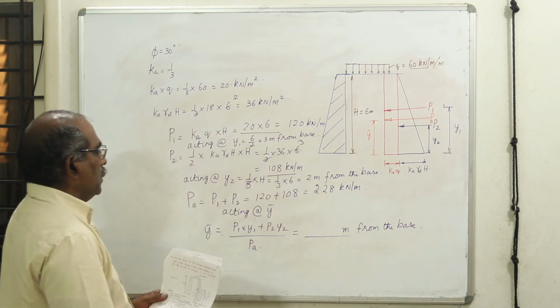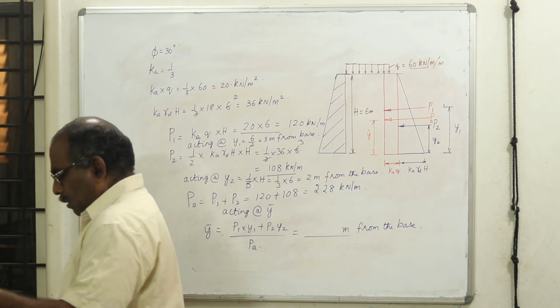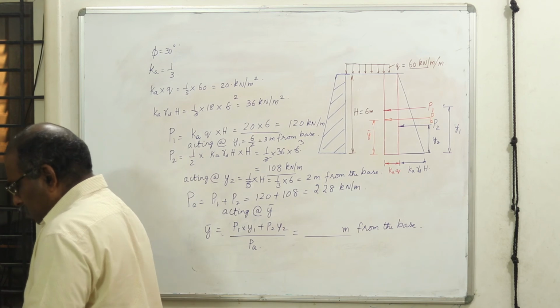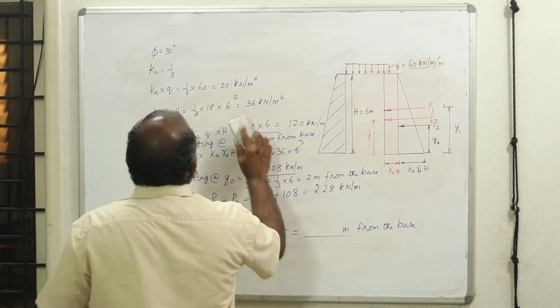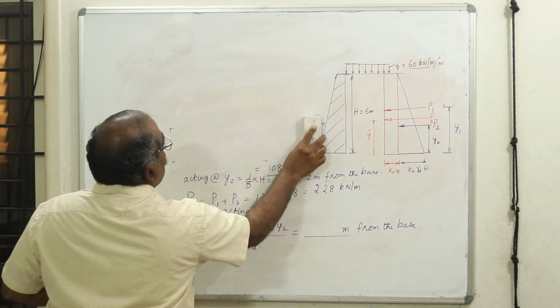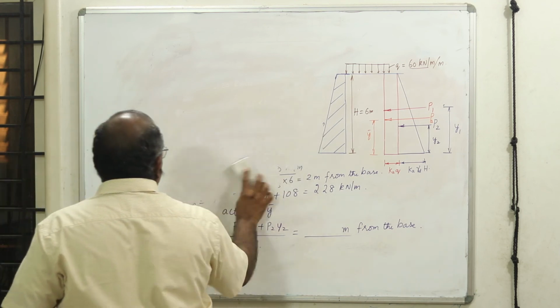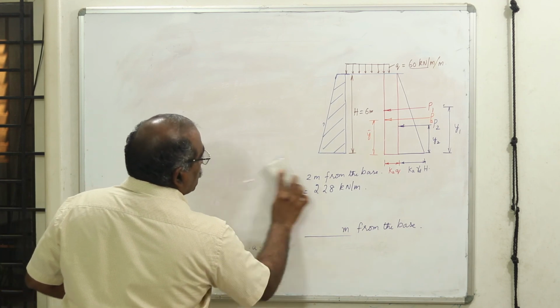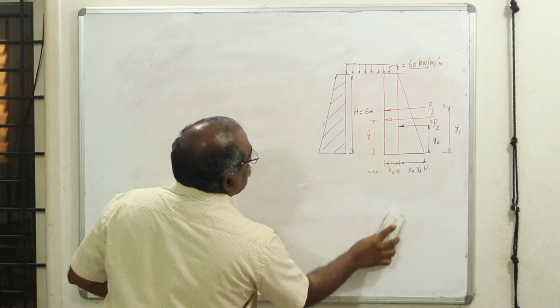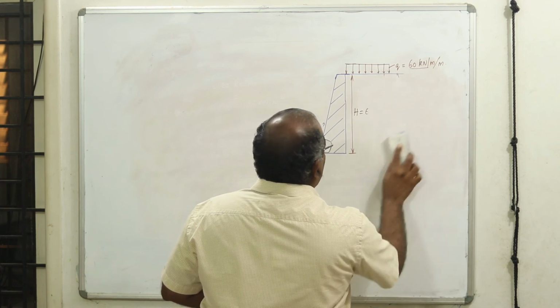One can get this. Now we'll go to the next type of problem in which you have a surcharge, you have a water table, and you get a partly submerged condition. Let us try to take such problems, which will give you an insight.